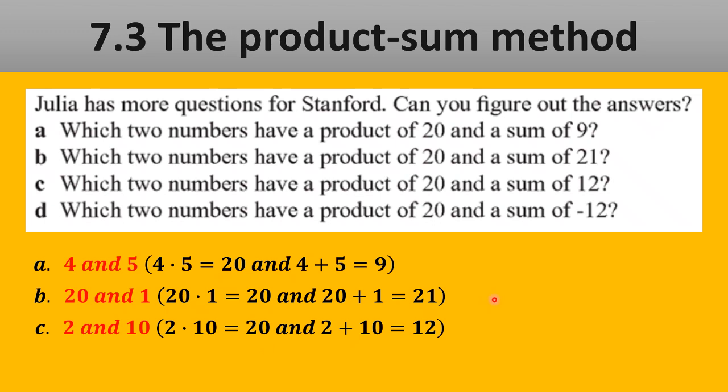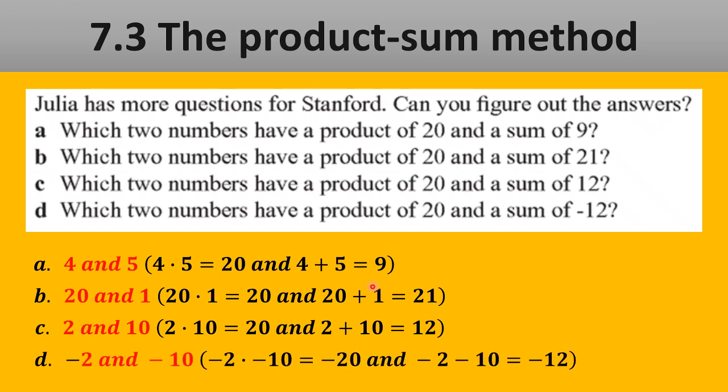Here you have to find the two numbers minus 2 and minus 10, because minus 2 times minus 10 is positive 20, which is the number that we're searching for right here. I made a mistake on my part here. And minus 2 minus 10 is going to be minus 12. So I should find the numbers minus 2 and minus 10, okay?